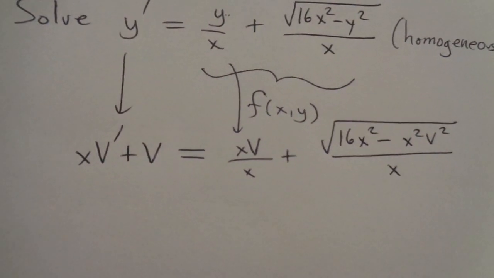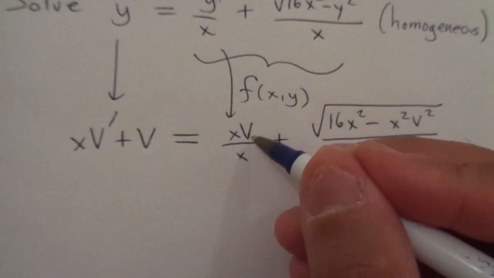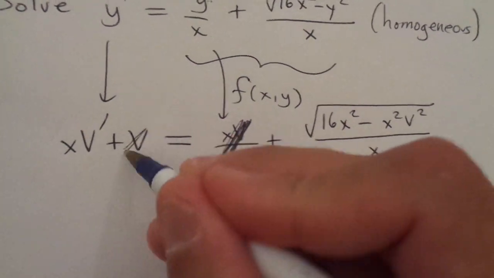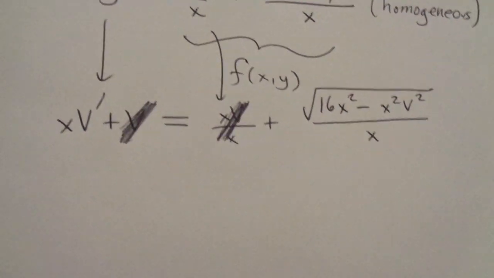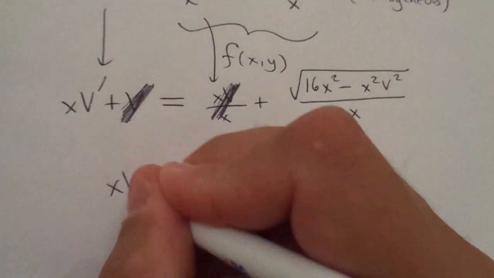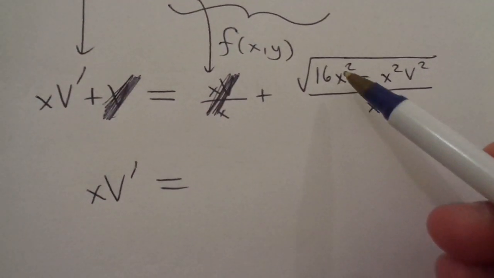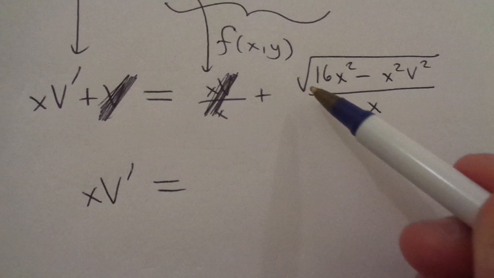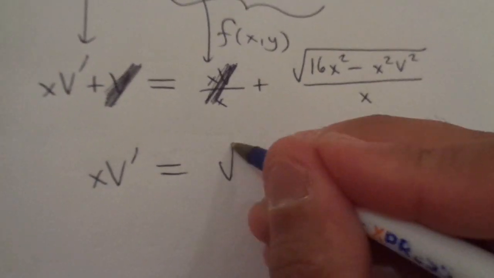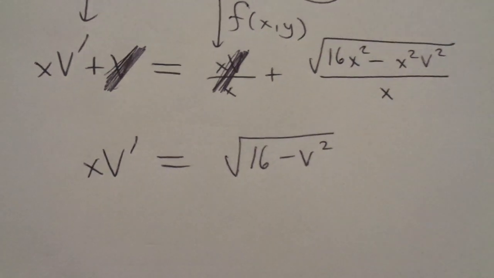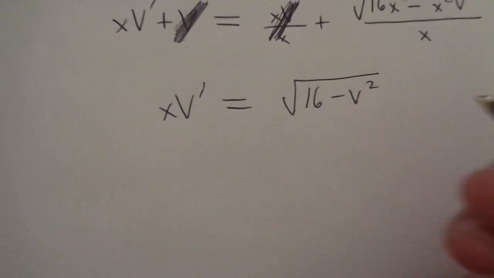Okay? Notice that this is just v right here, and so it's going to cancel with the v right there. Okay? And what else we have is on the right-hand side, I can take the x squared, factor it out of the radical, and cancel it with the x that's on the bottom. It leaves me with just the square root of 16 minus v squared.